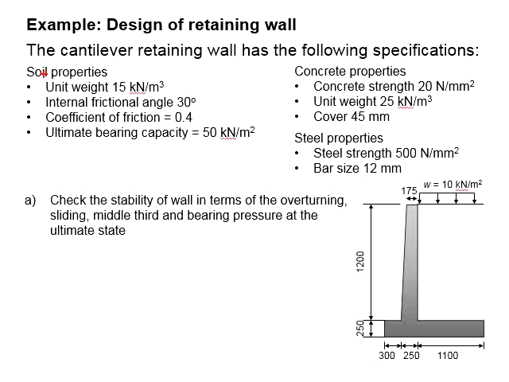Its unit weight is 15 kN per meter cube. The internal friction angle is 30 degrees. The coefficient of friction is 0.4, and also the bearing capacity of the soil is 50 kN per meter square.